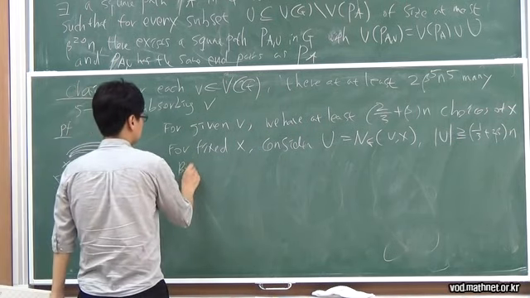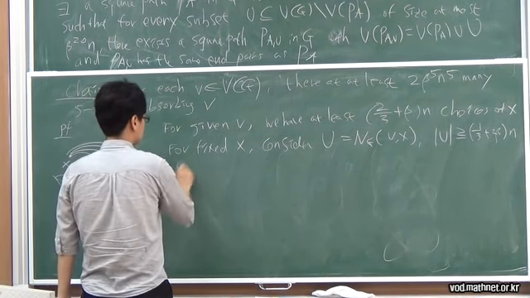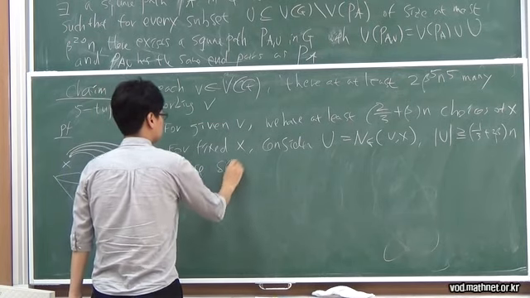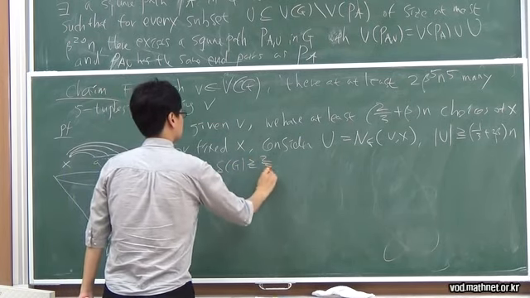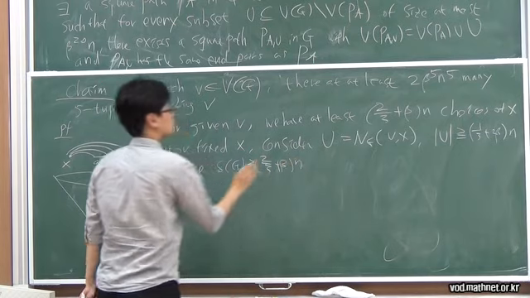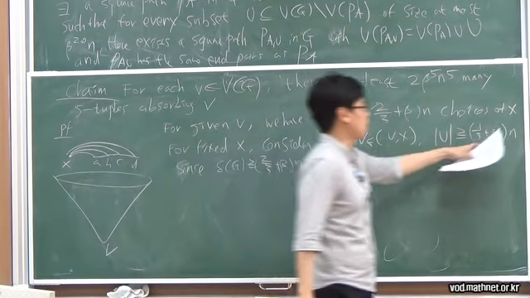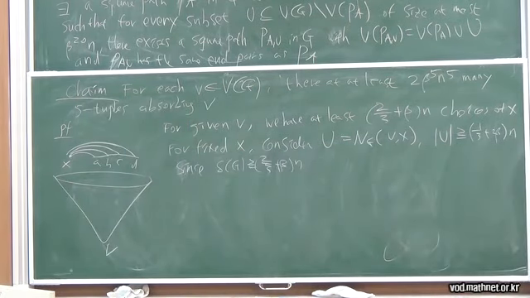And by the minimum degree condition, since the minimum degree of G is at least 2/3 plus beta n, and this U has size 1/3 plus 2 beta n, so we have U inside the entire graph.